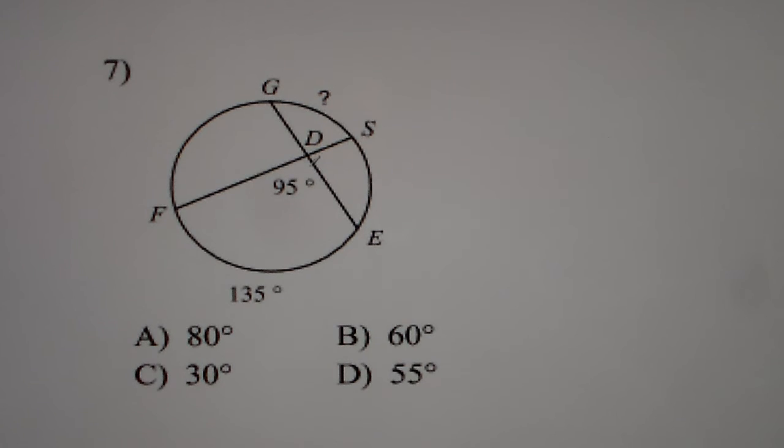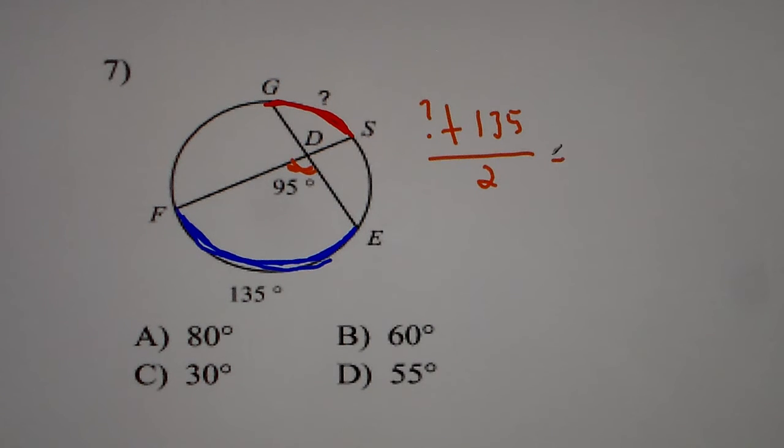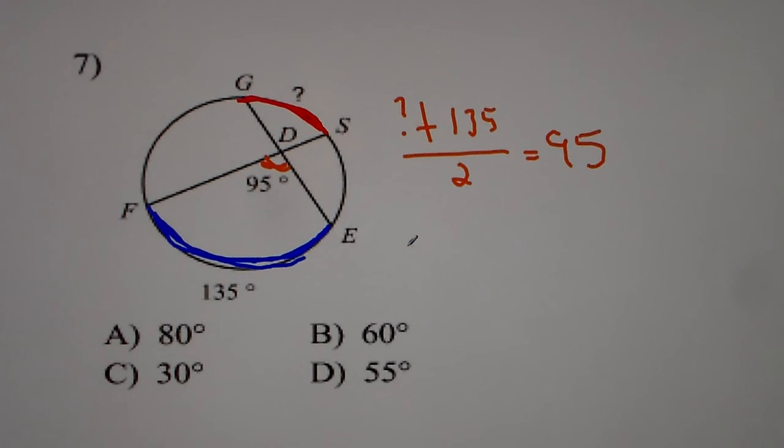Okay, number 7. We have our big blue arc here. Our red arc is up here. And our orange is right here. So red plus blue. So question mark plus 135 divided by 2 is equal to 95. Inverse operations, once again, you multiply by 2 to both sides.